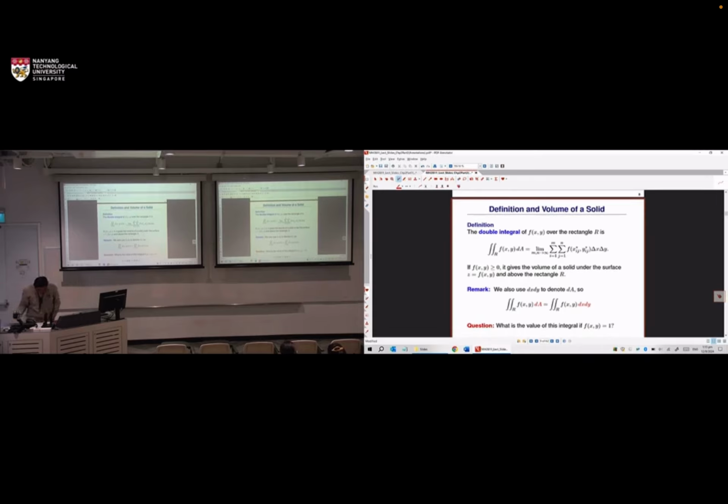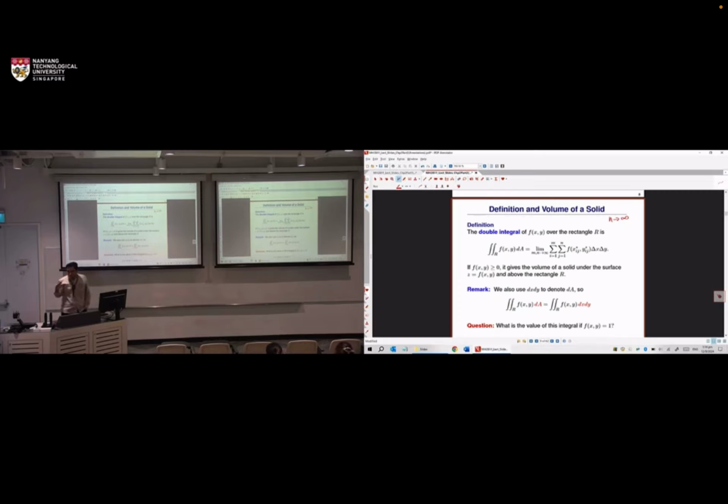As I told you, our aspiration is always n approaching infinity, infinitely many rectangular blocks. So the double integral of your f function over the rectangular region R that you are looking at is as follows. This is the nice notation.